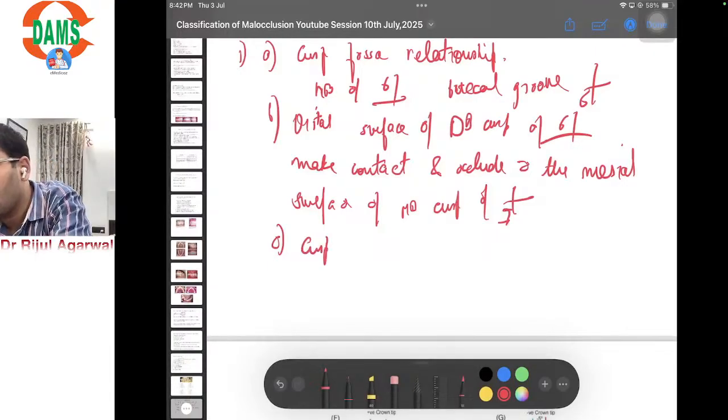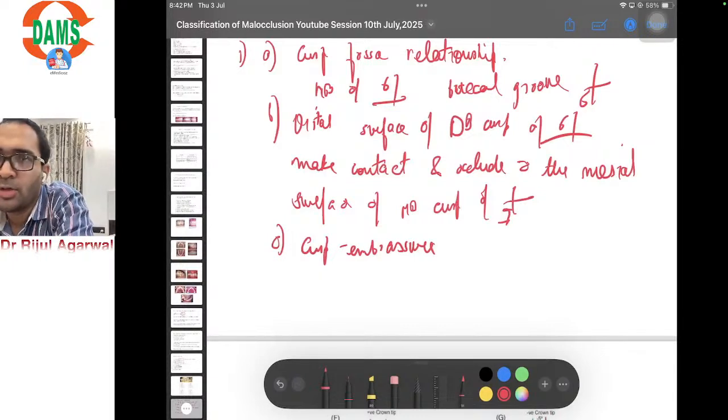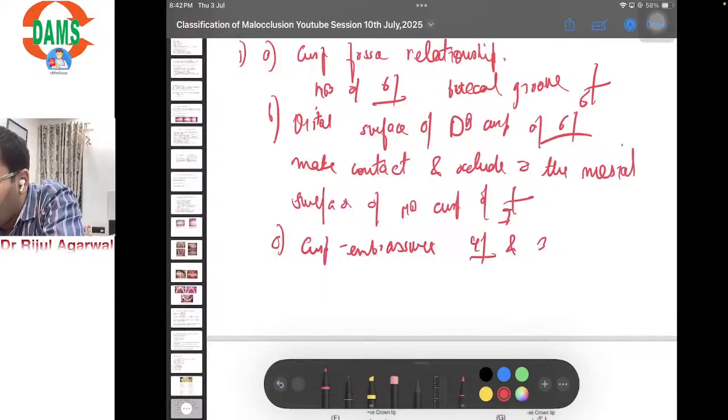Next, a cusp embrasure relationship. What is an embrasure? From dental anatomy, you know, it is the space between two cusps. The upper premolar and canine cusps should, on the buccal surface, have a cusp embrasure relationship, that is, the cusp should fall in the embrasure space between the lower premolars, and premolar and canine.